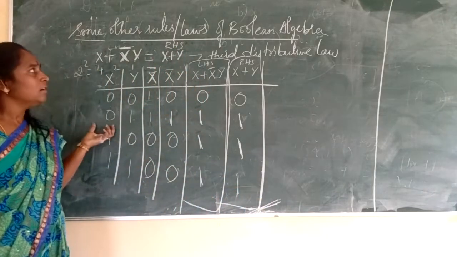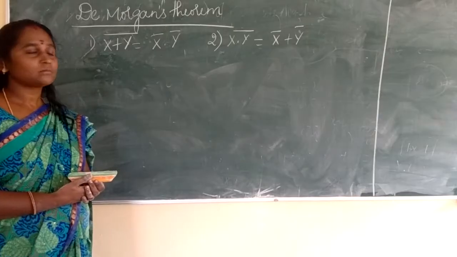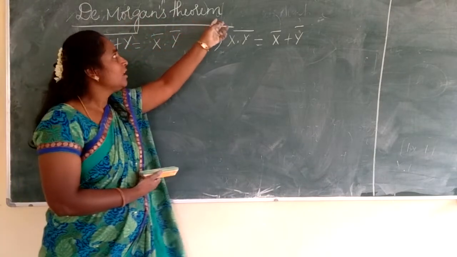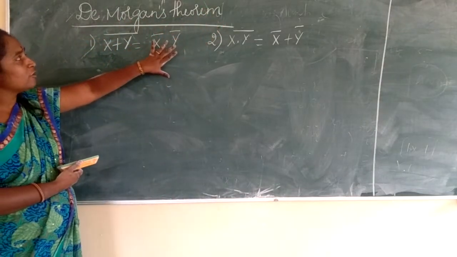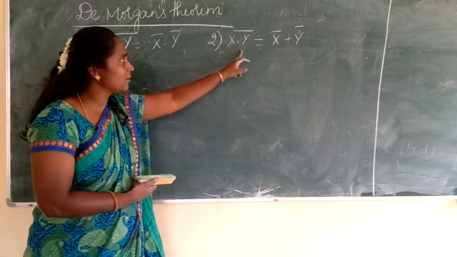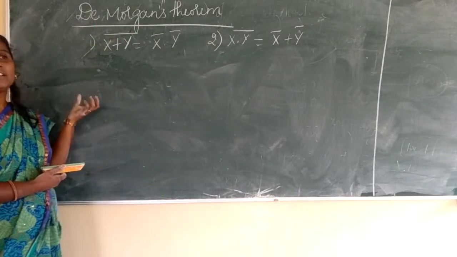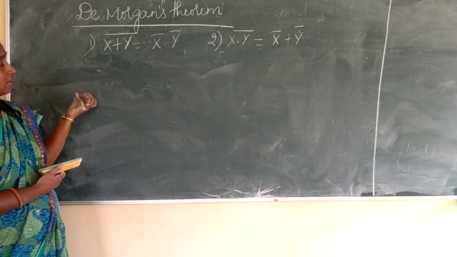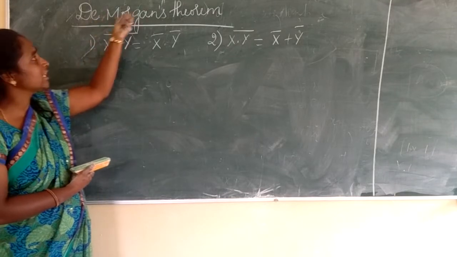Next topic, we are going to the next thing. It's a very important thing, that is De Morgan's theorem. This comes for nearly 5 marks. There are two theorems in this, first theorem and second theorem. This was done by a person, Augustus De Morgan, and it is named De Morgan's theorem.